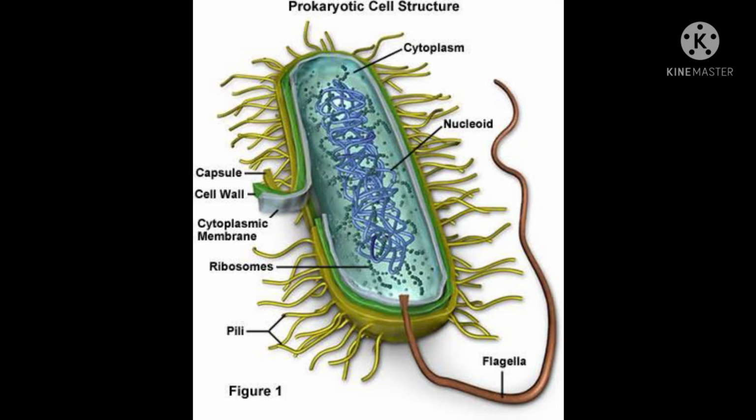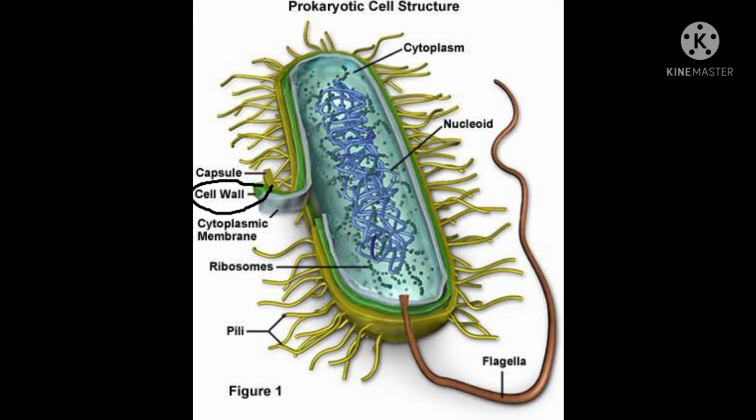The cell envelope. The cell envelope is made up of two to three layers: the interior cytoplasmic membrane, the cell wall, and in some species of bacteria, an outer capsule. So these three layers here are called the cell envelope.